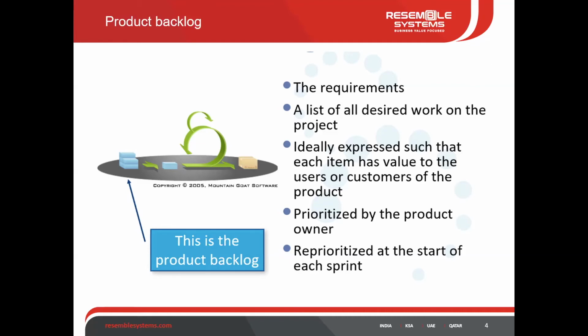Based on that, the product owner can prioritize the complete feature list, and I can even reprioritize it in between, based on the requirements or changes from the business. I hope you understood the product catalog, or backlog, part.